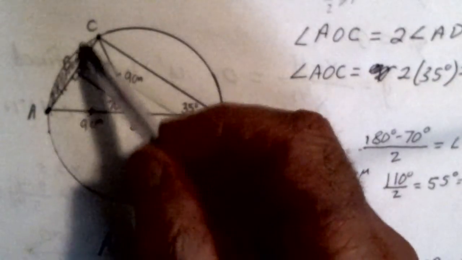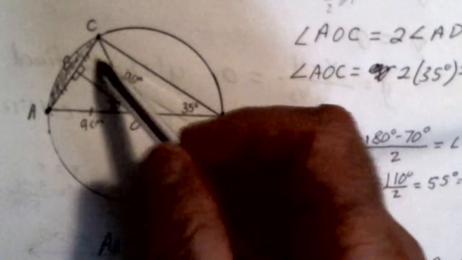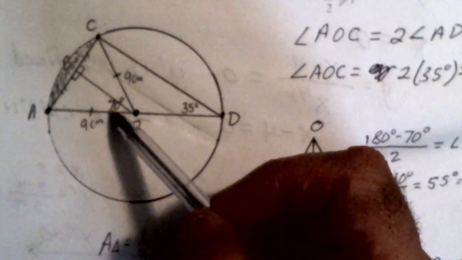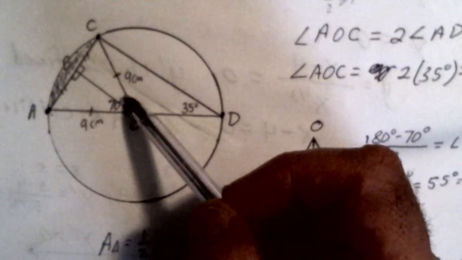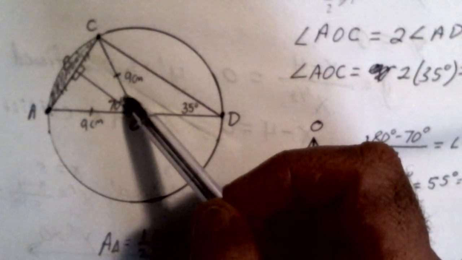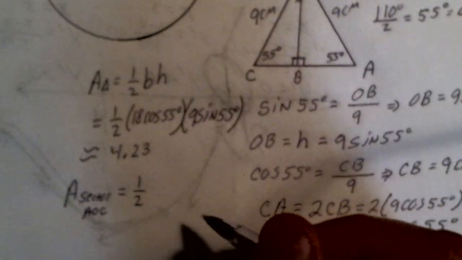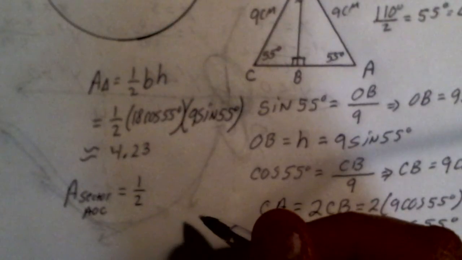So the area of this entire sector AOC here is going to be 1/2 times the measure of the central angle, 70 degrees in radians, times the radius squared. Now, how do you convert degrees into radians?